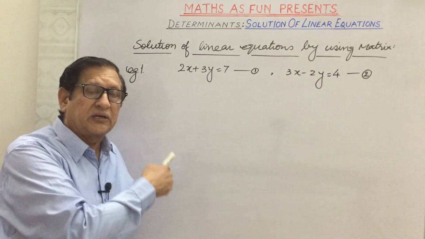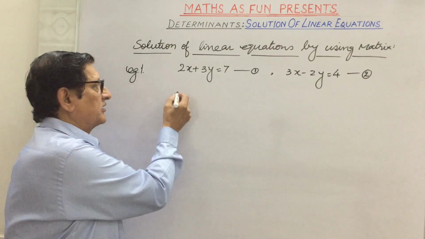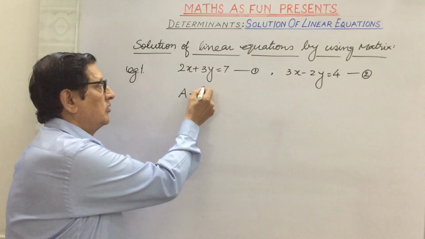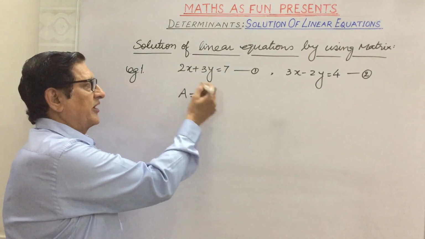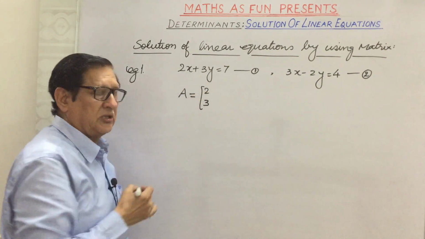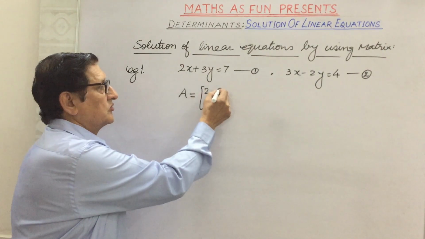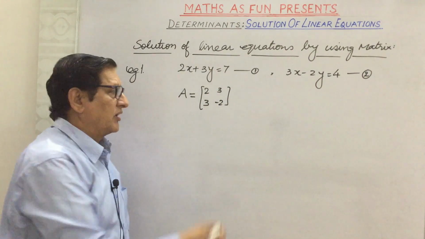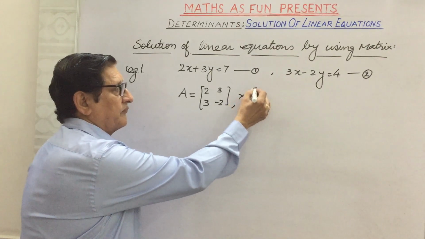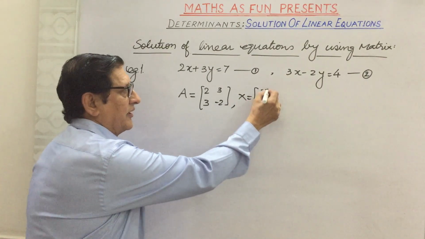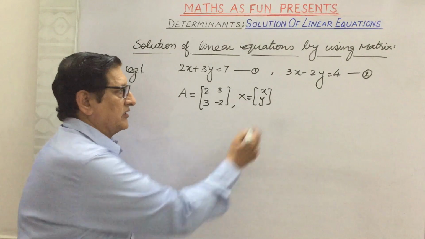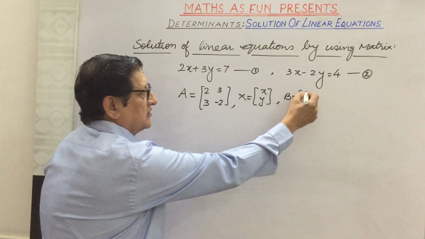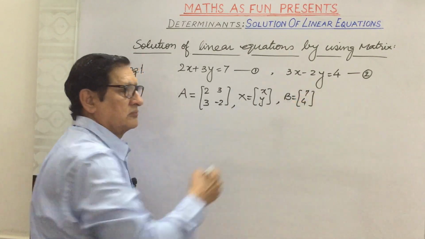To find the solution by using matrix, we have to make the coefficient matrix first, that is A equal to the coefficients of x, 2 and 3, coefficients of y, 3 and minus 2. Then the variables x and y. Then the matrix of constants B, that is 7 and 4.